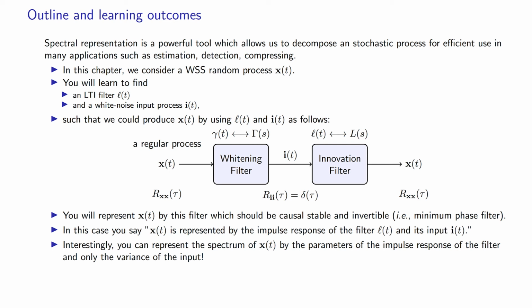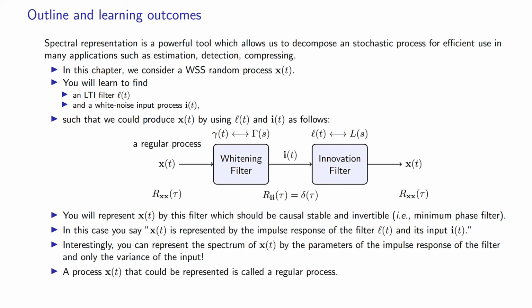So what we can do is make this innovation filter a parametric filter, like finite order, and using those parameters we can adjust, and then this filter is the inverse of this one, so there is a relationship between these two filters. This is called a spectral representation.